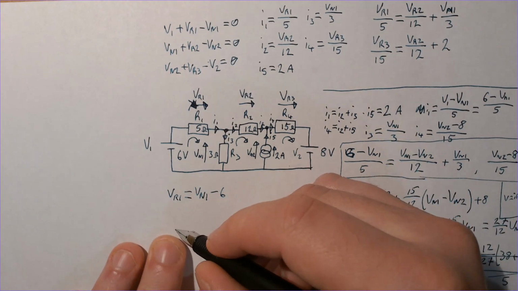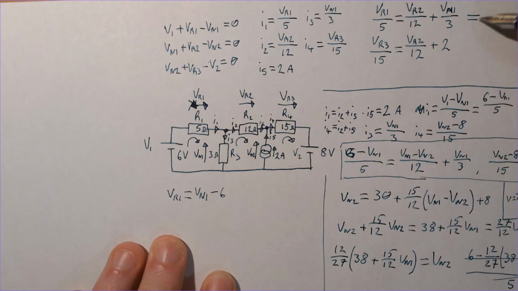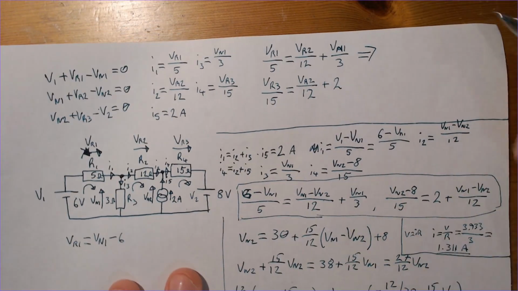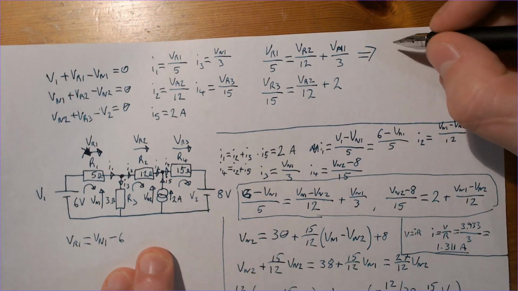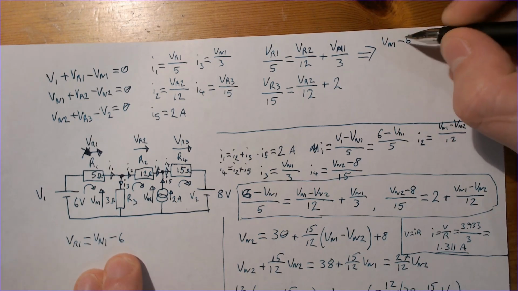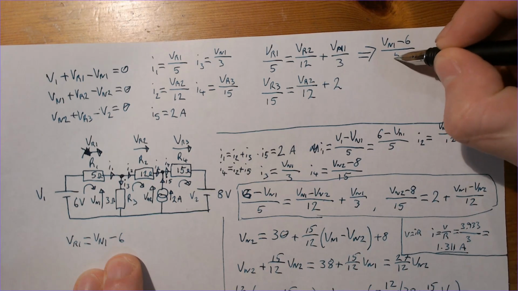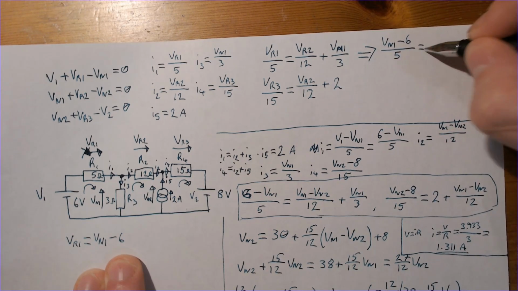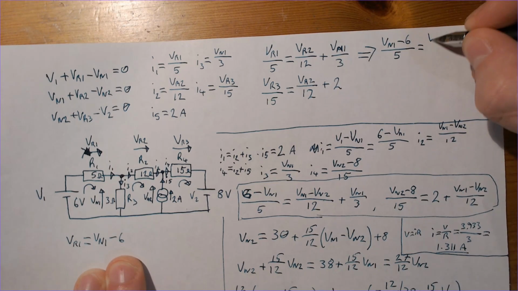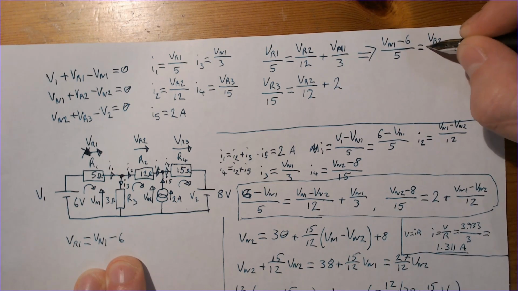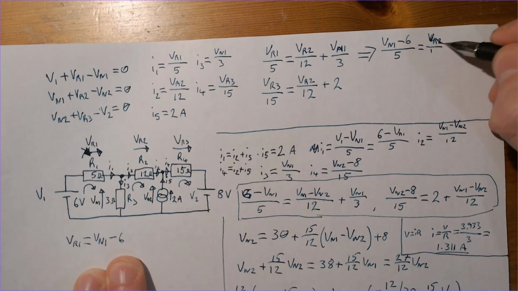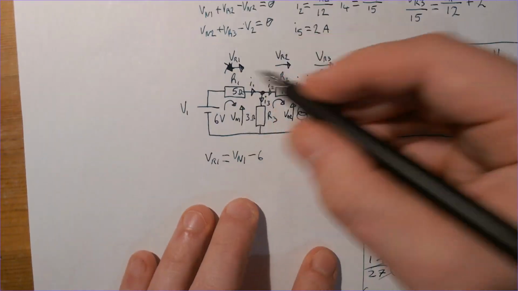So this becomes Vn1 minus 6 over 5 equals VR2 over 12. Well, let's find VR2 first, and we can put that in there as well. Let's move those across.